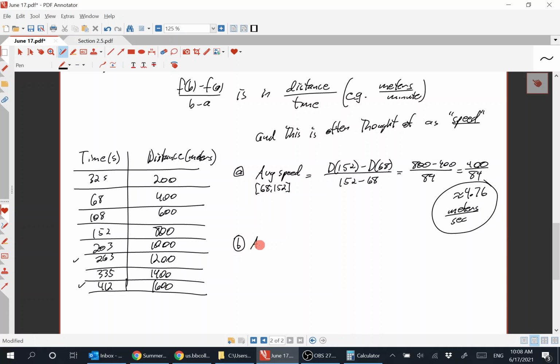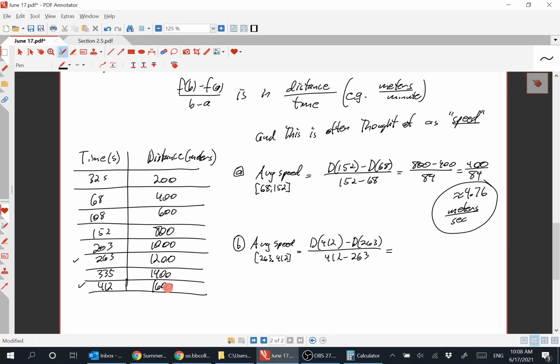So average speed from 263 to 412 is D of 412 minus D of 263 over 412 minus 263.